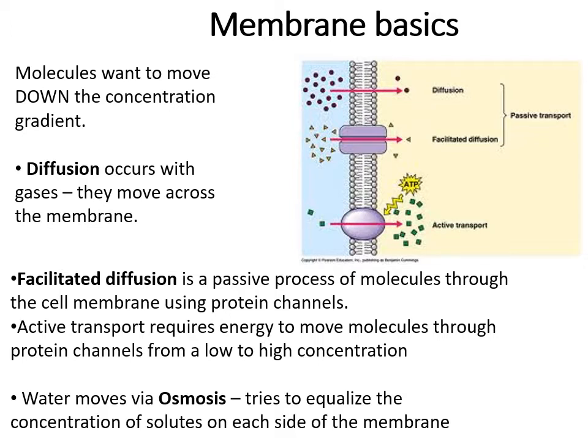We call that hypernatremia. Well, so now what's going to happen is water from inside the cell, the cytoplasm, is going to want to go across the cell membrane via osmosis to try and dilute the extracellular compartment. And the cell is going to shrink in size.